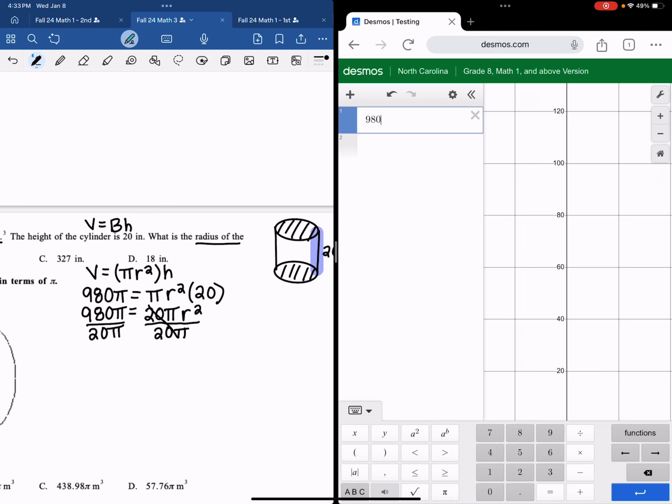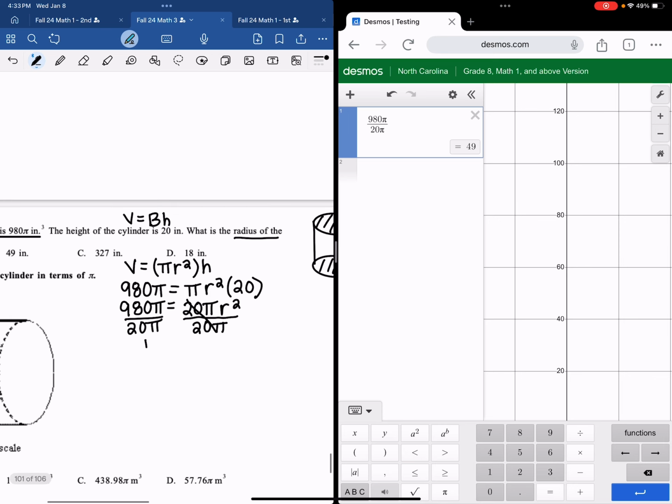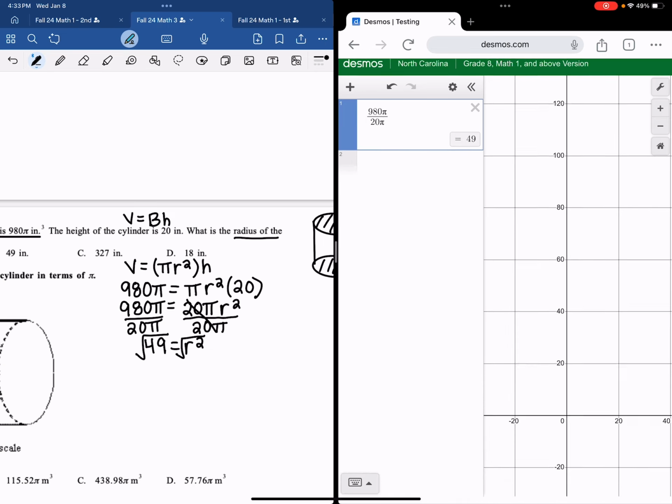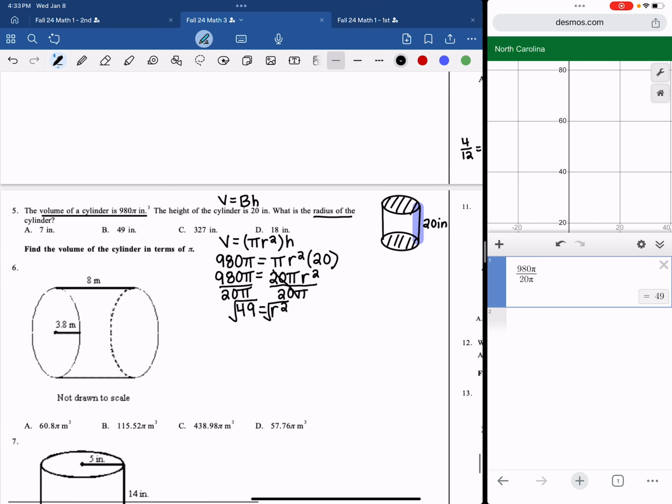So we have 980 pi divided by 20 pi, and we get 49. So if I have 49 equals r squared, we want to find just the radius, so we're going to take the square root. Obviously the radius, we're talking about length, so we're going to take the positive version of it. So my radius is 7. So we just had to use our formula and work backwards.